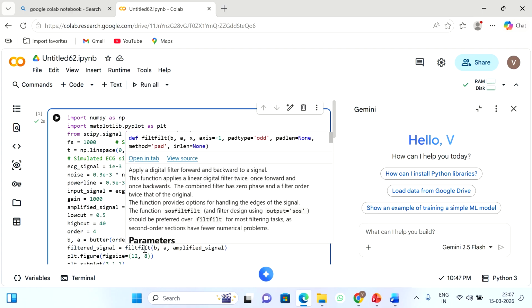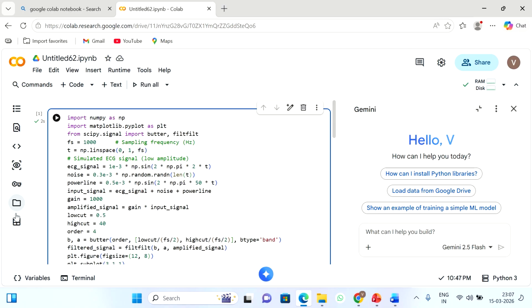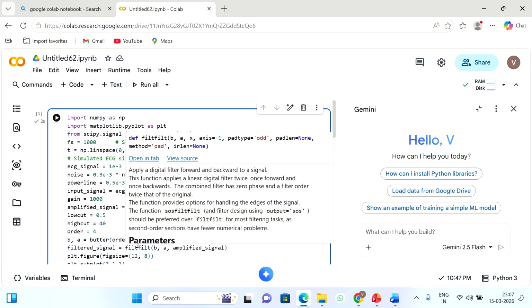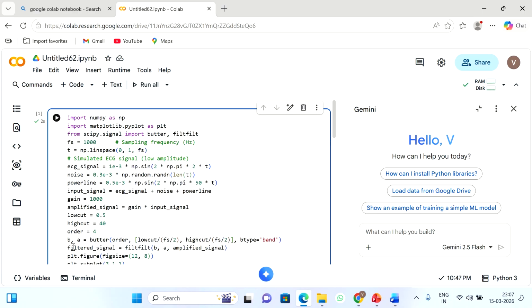So two times the filtering operation is performed, forward as well as backward, so that very smooth filtering action will be done. Noise is reduced and phase distortion is minimized. No time delay. For these features we are using filtfilt. This gives a cleaner output signal.